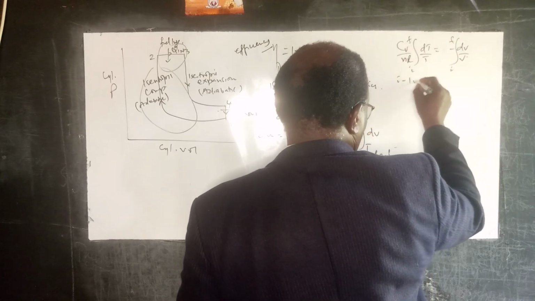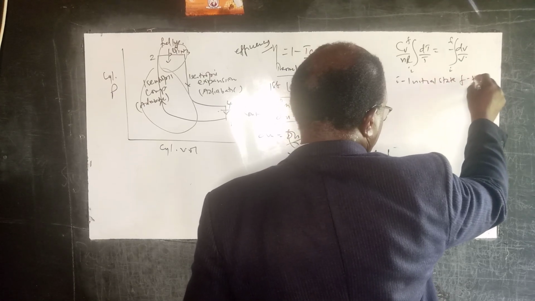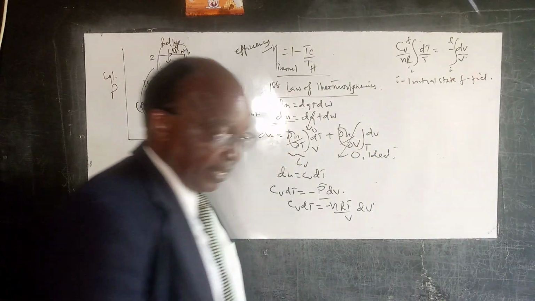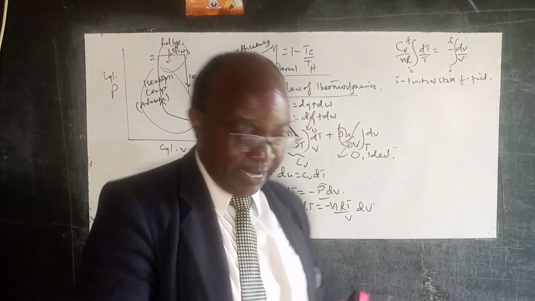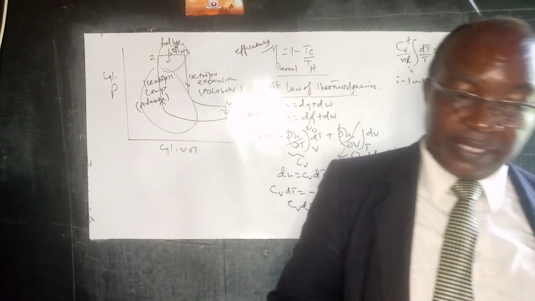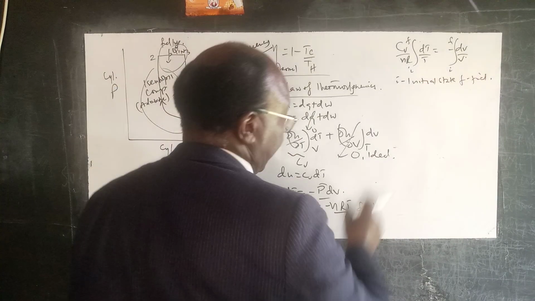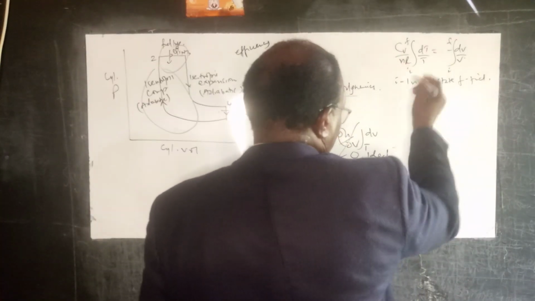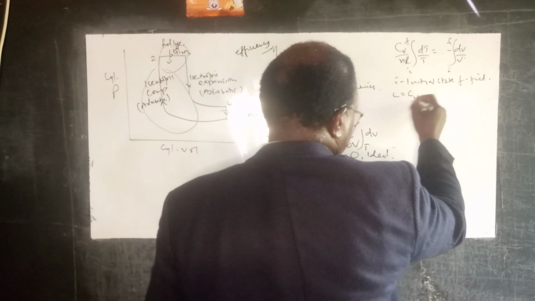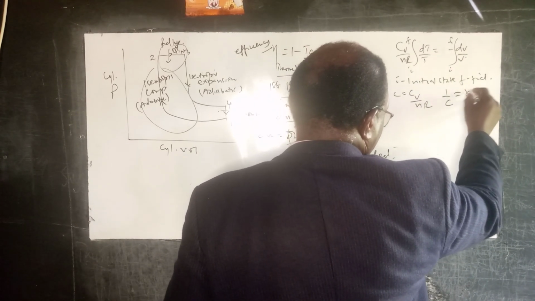So we can integrate from some initial to some final state. I is the initial state, F is some final state. In terms of temperatures, I will be the lower temperature and F the higher temperature. In terms of pressure, the same description applies. So if we call C as Cv over nR, then 1 over C equals gamma minus 1.